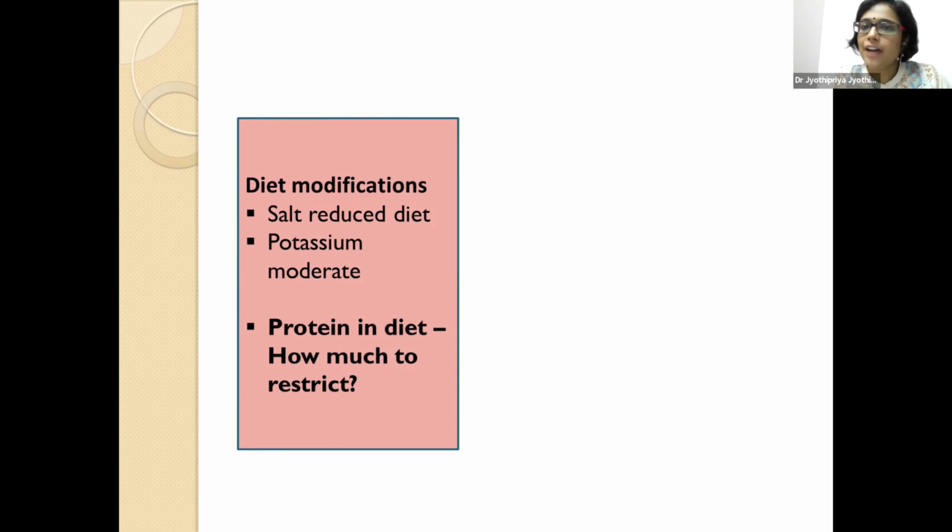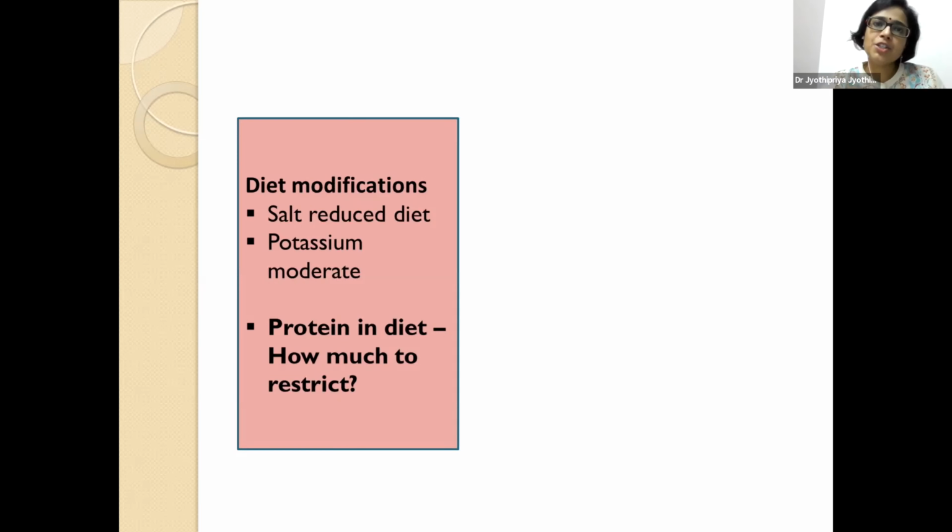But one thing we have to keep in mind is that patients should not be pushed into malnutrition because of our restriction. Many of our patients might not actually be taking enough protein. All these recommendations are based on the Western diet, where the non-vegetarian diet is predominant. So when we apply that recommendation in our practice, we have to follow an individualized approach.